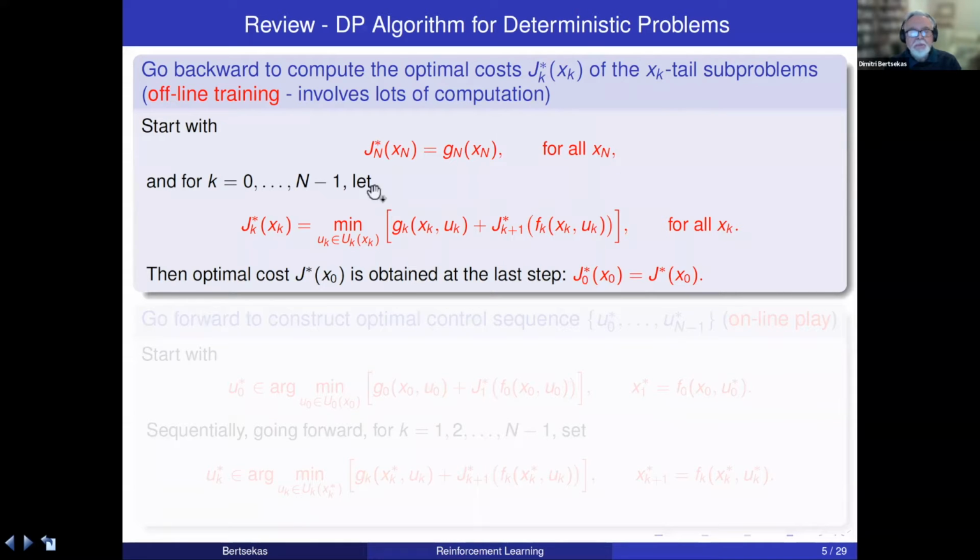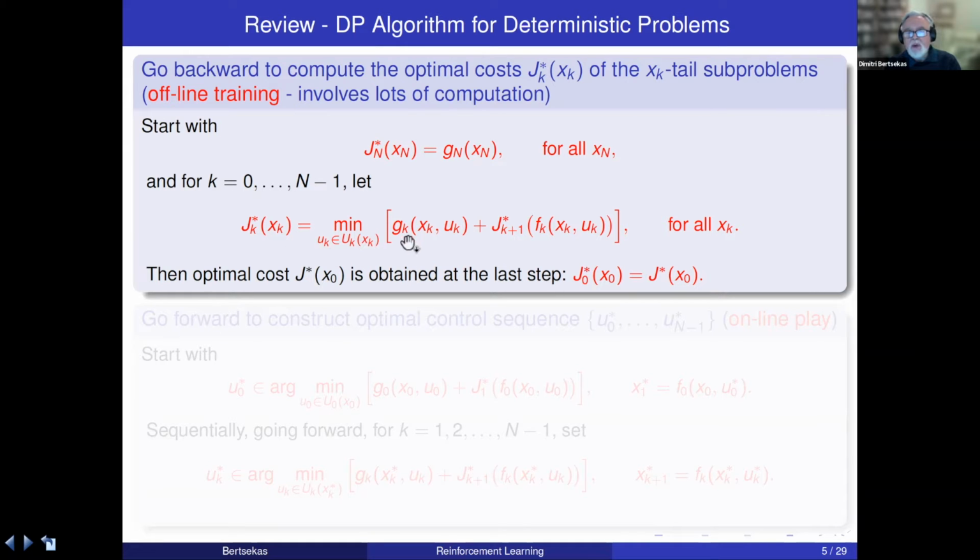And it starts with a trivial tail subproblem involving just a terminal state, and it goes backwards. At time k in state xk, we solve the corresponding tail subproblem, which starts at xk and goes all the way to n, by simplifying as follows.